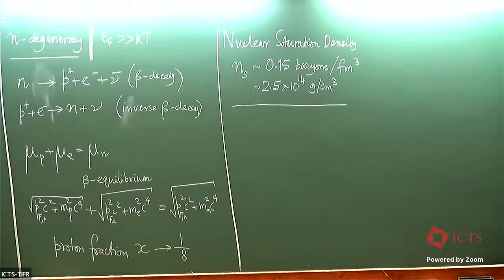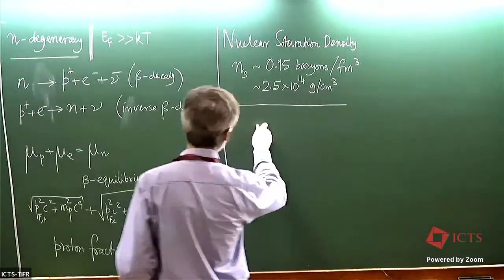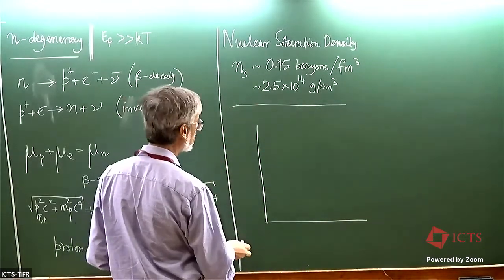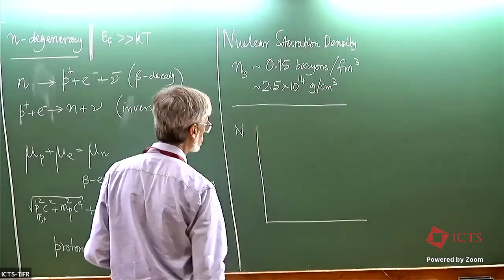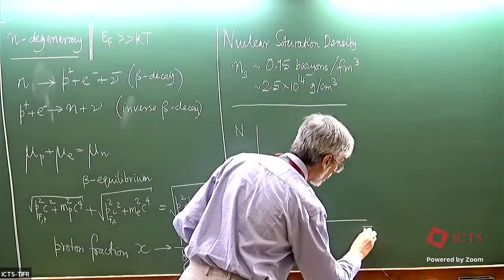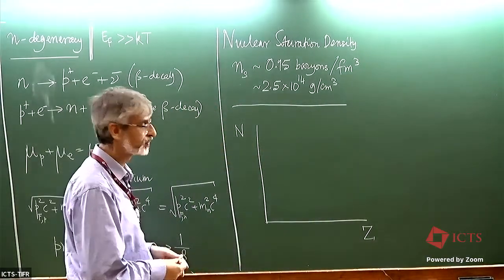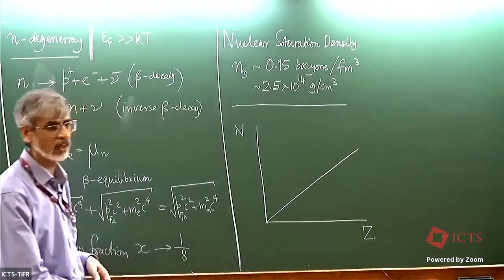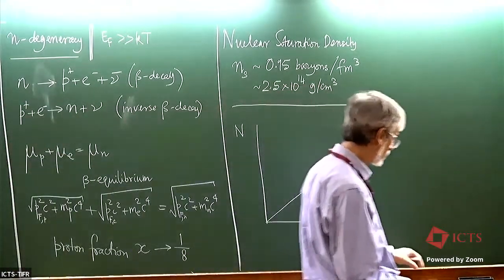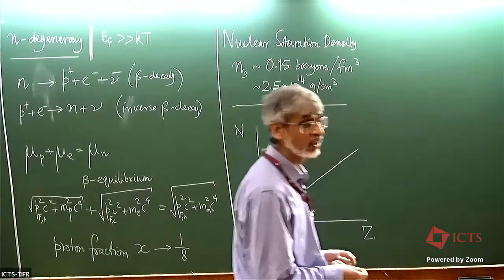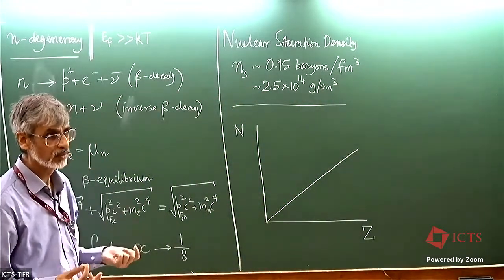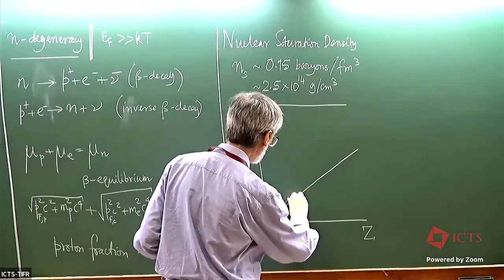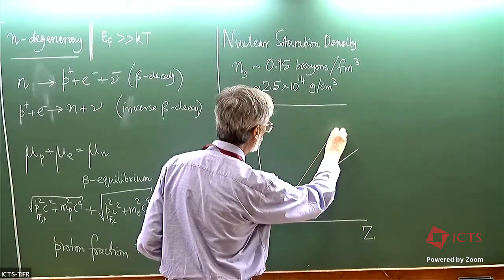So, this you may have seen many times, if you take the number of neutrons versus the number of protons in nuclei, and let's say this is the equality line, then the known terrestrial equilibrium nuclei, the stable nuclei, follow this line and then go up somewhat like that.